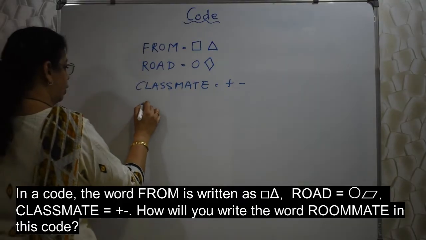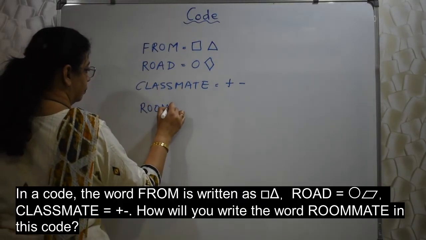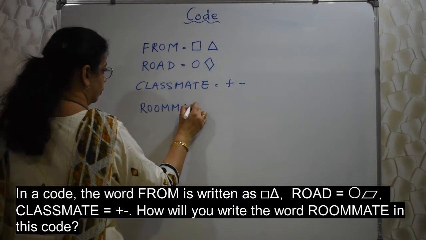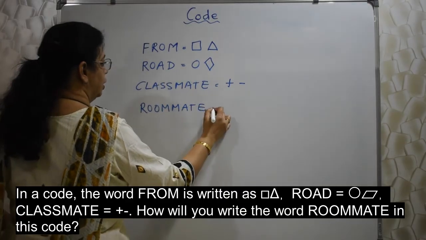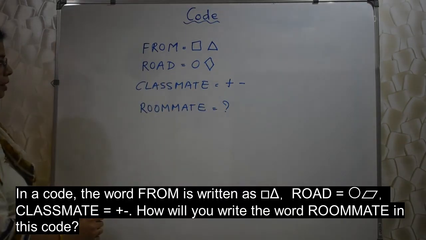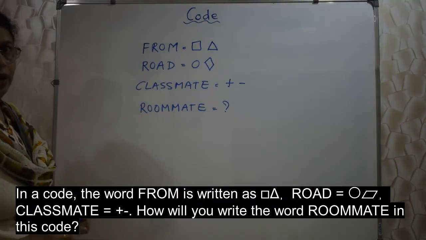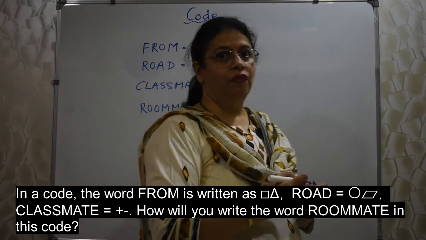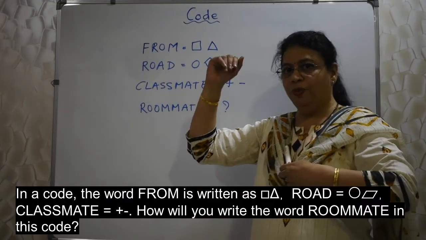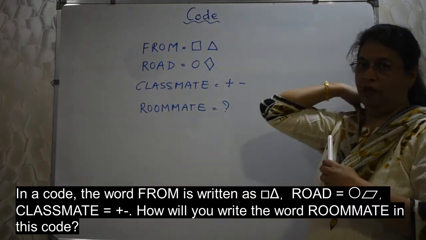How will you write roommate? Many students must have realized that mate has come again. But what about room? There has to be some way. Observe. You are all very clever.